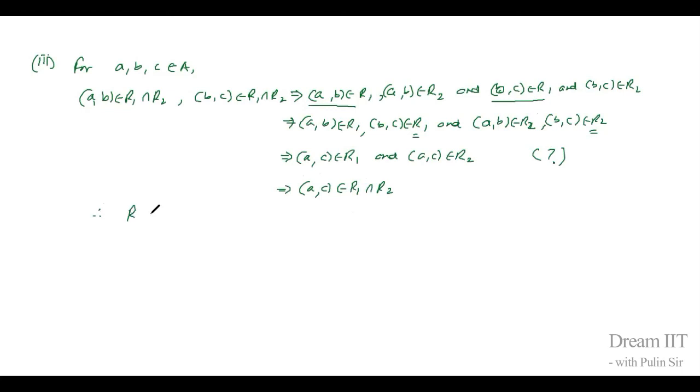Therefore, R1 intersection R2 is transitive. Therefore, R1 intersection R2 is an equivalence. That's a proof of this. That's a good proof, right?